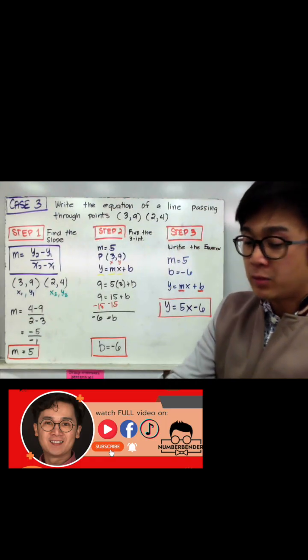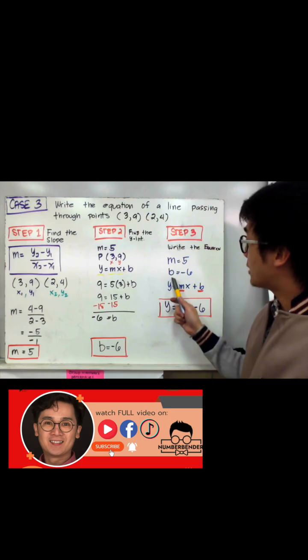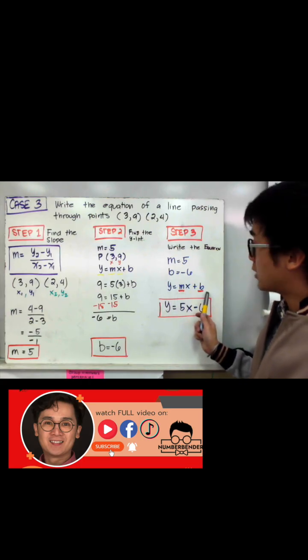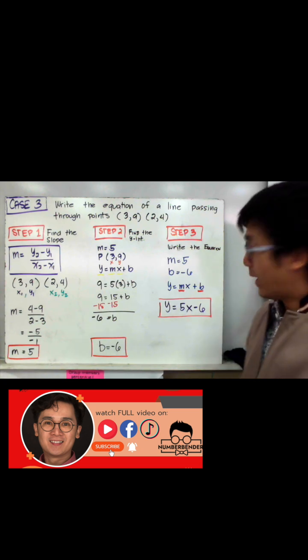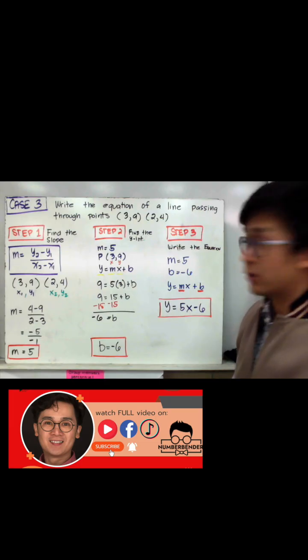Now for step number 3 in writing the equation of a line, since I have my slope and my y-intercept, I'm ready to replace my m and b so I can have the equation of my line, which is y equal to 5x minus 6. And this is the equation of a line given (3, 9) and (2, 4).